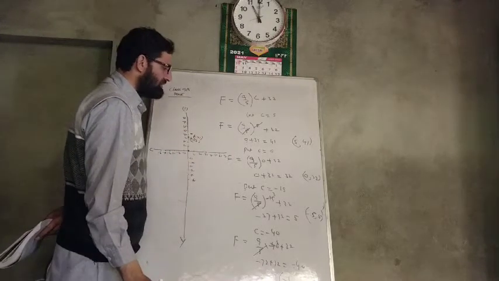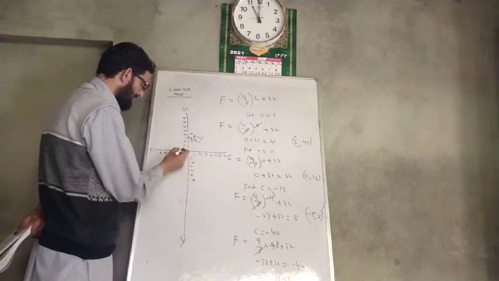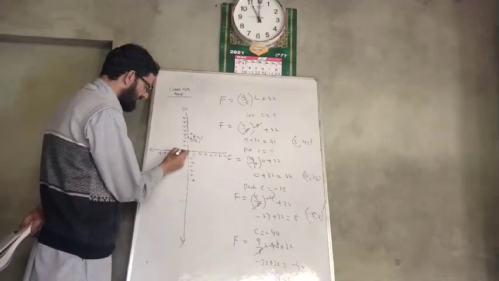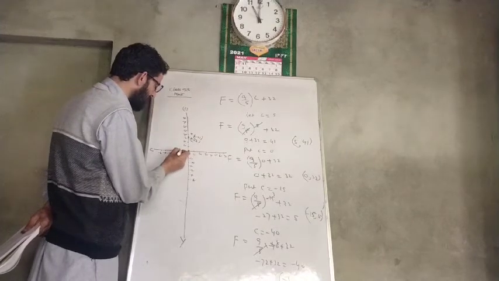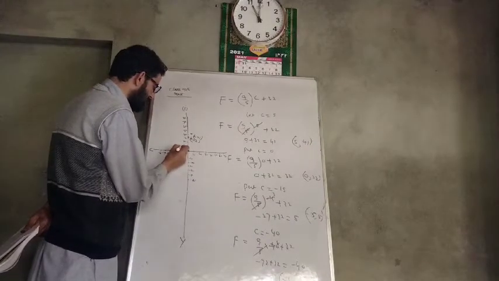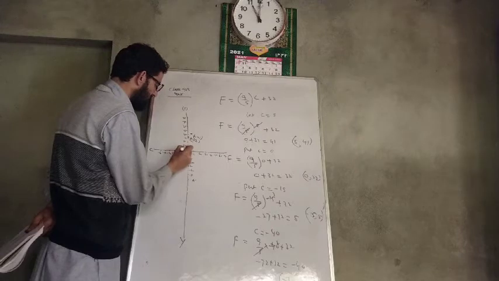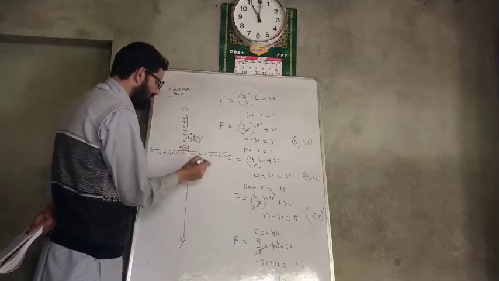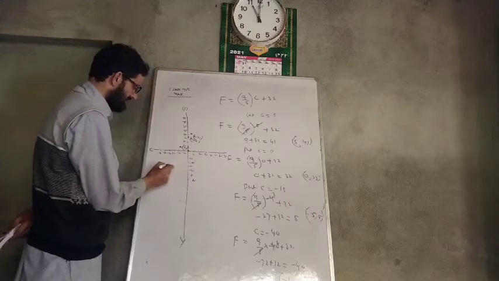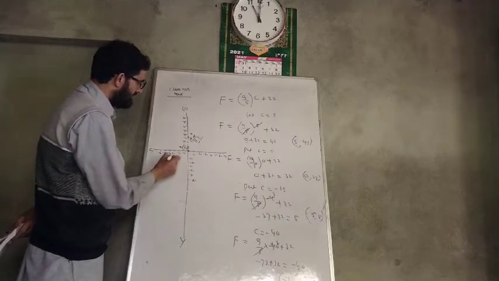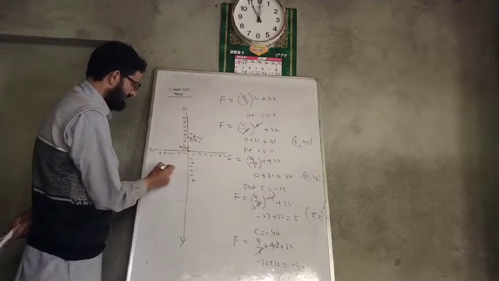So 0, 32. Then minus 15, 5. Minus 15 is somewhere here and plus 5 is here. So this is the point minus 15, 5. Then minus 40, minus 40. Minus 40 is here and minus 40 is here. This is the point.